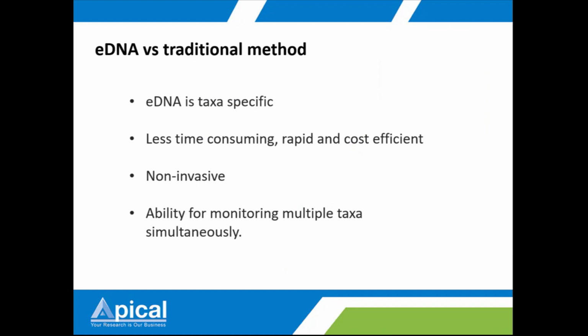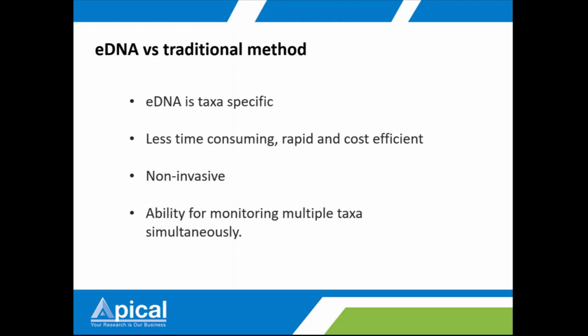So this is some examples of what you can use eDNA barcoding for. eDNA was established somewhere around the year 2000. Previously, before this eDNA approach, the method was always capture and release, right? It's time consuming and costly.